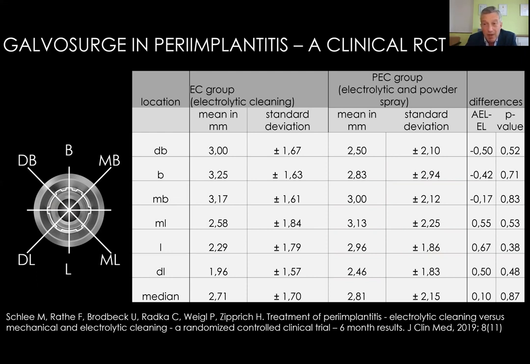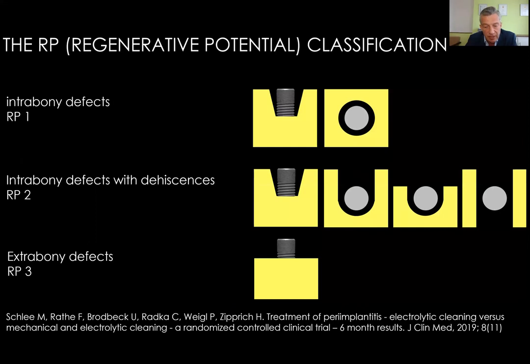So please remember the scientific question was, is there an advantage to use powder spray in addition? And we didn't find any statistically significant differences. So the conclusion is it's not necessary to use this in addition. The electrolytic approach is enough.